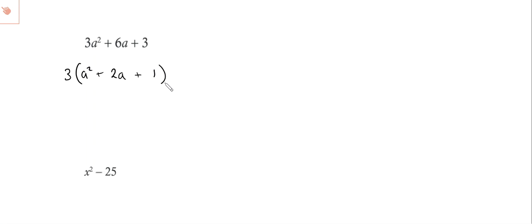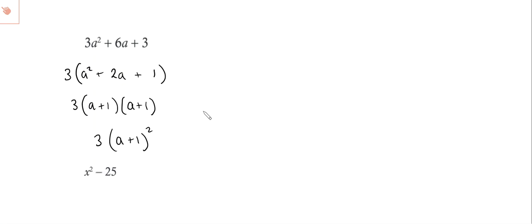But I remember saying to you in class, always double check. Does this now factorise? Right. And because of the previous one, this box done again, is another perfect square because 1 is a square number. So we end up with a plus 1, a plus 1. Or a plus 1 squared.